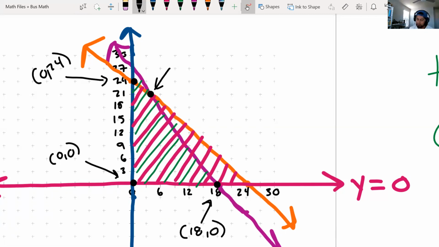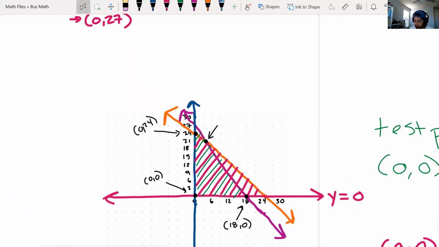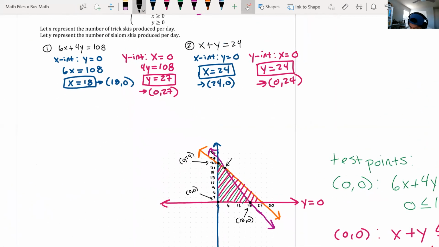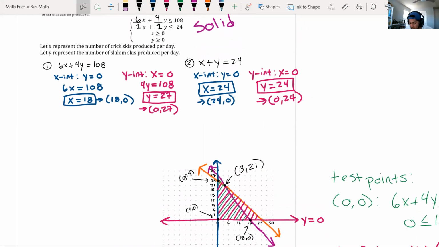If we drew it correctly, that should be 3 and 21, maybe. Let's see how true that is. Is that 3 and 21? If I have 6 times 3 plus 4 times 21, oh, I get 102.